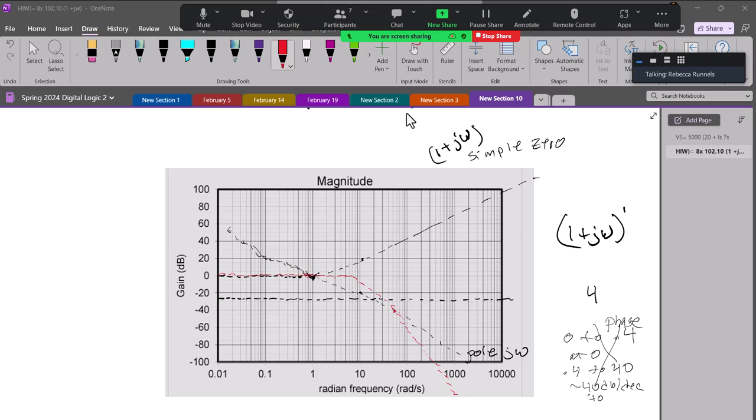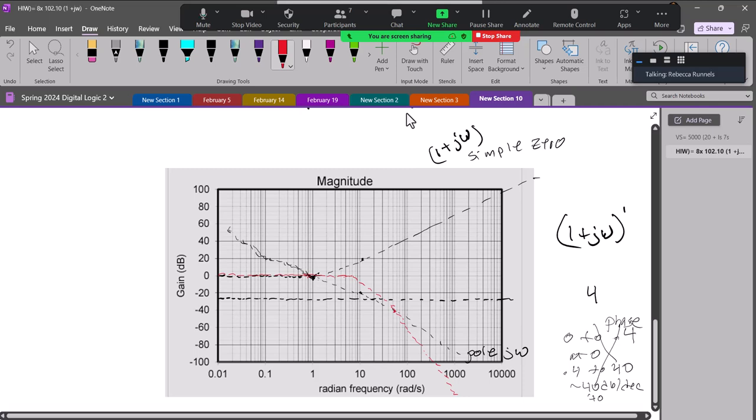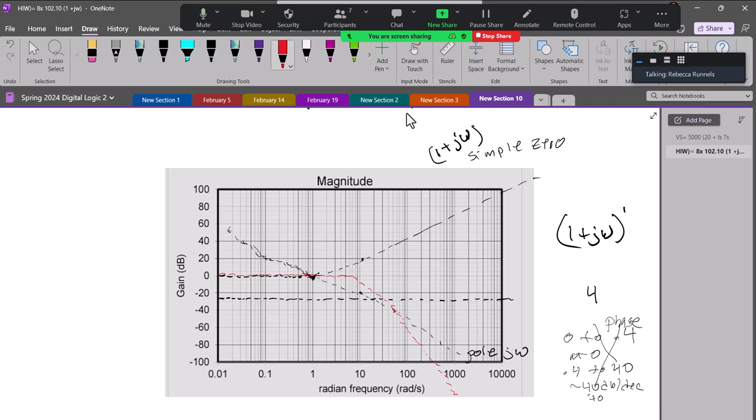Okay. So now, to put these all together, I'm going to start at 0.1 rather than over here at 0.01. So at 0.1, my pole was at 20, and my constant was at negative 26.